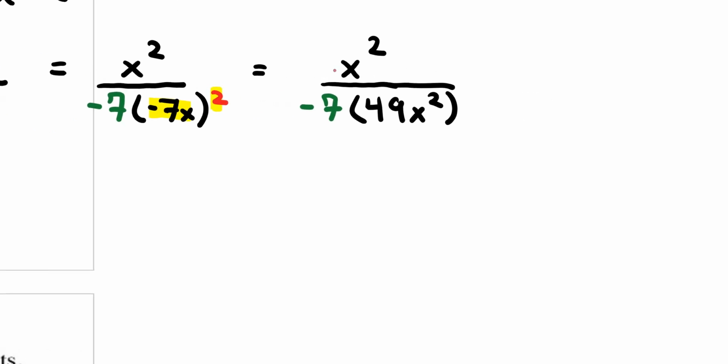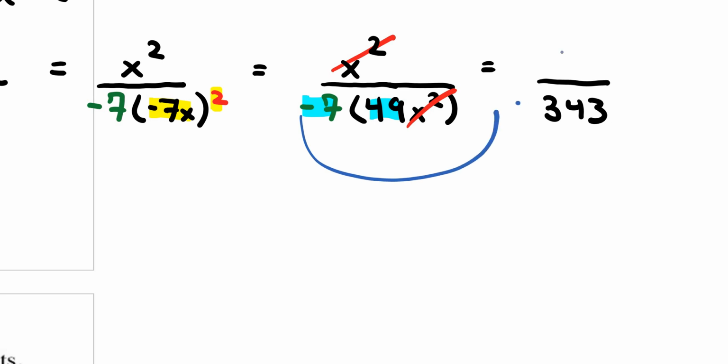And then you'll quickly realize that this x squared and that x squared will cancel out. And if you multiply -7 and 49 together, you will get 343. And then this minus sign takes along, and there's a 1 on the top. So 1 over -343, which is the same thing as -1 over 343.